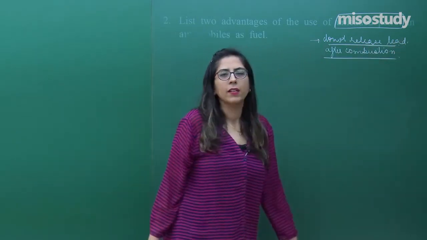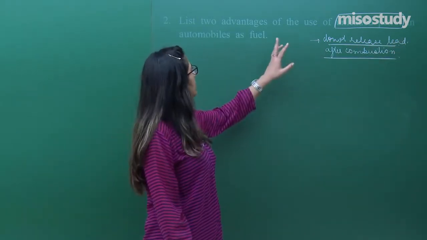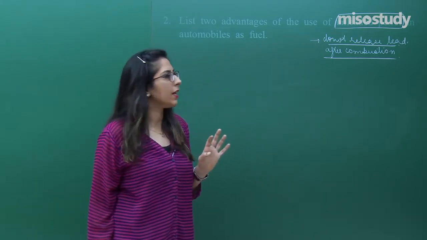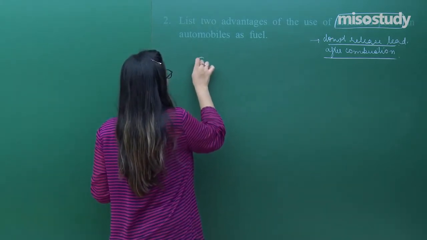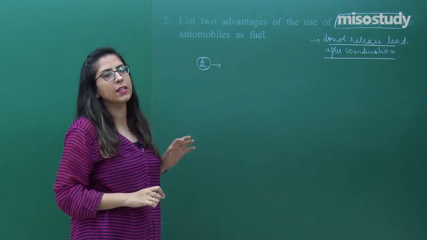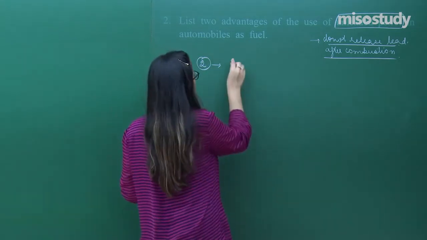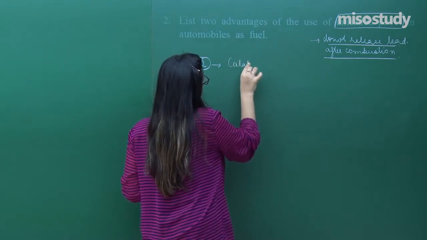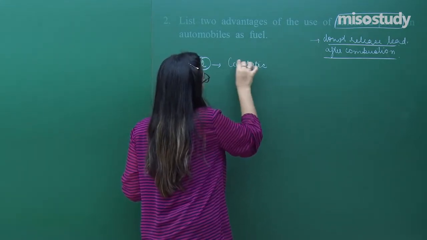That is why unleaded petrol is used. This is the first advantage, and the second advantage is the catalytic converter, which should be employed.